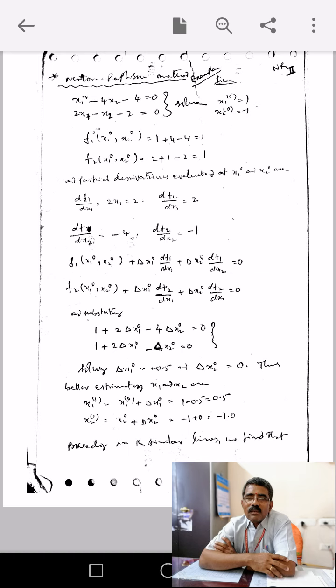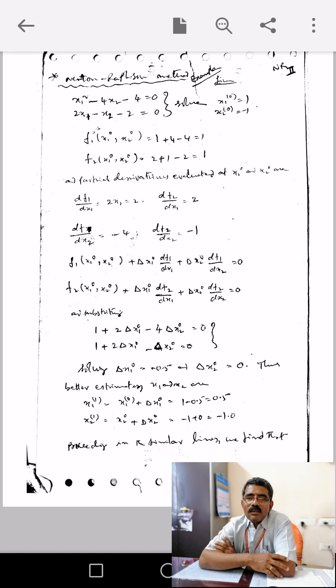That means I am just substituting x1^0, x2^0 in the first equation, that is f1(x1^0, x2^0), and upon substituting in the second equation, f2(x1^0, x2^0) is 1. And partial derivatives are required to form the Jacobian matrix. So partial derivatives evaluated at x1^0 and x2^0: what is ∂f1/∂x1?